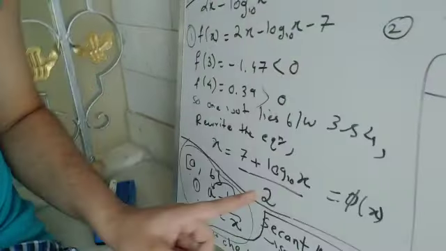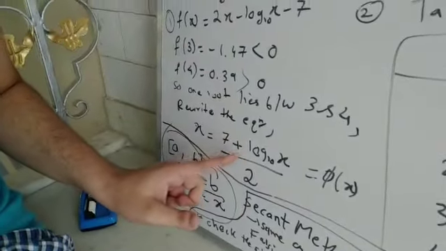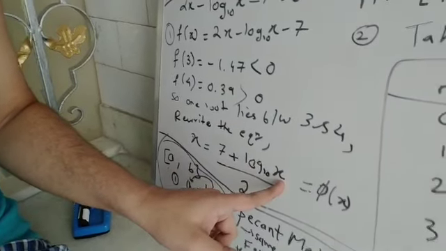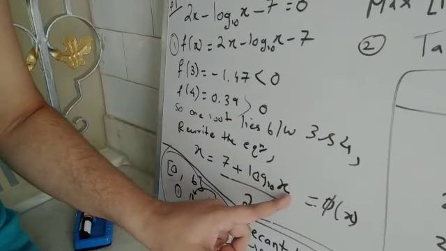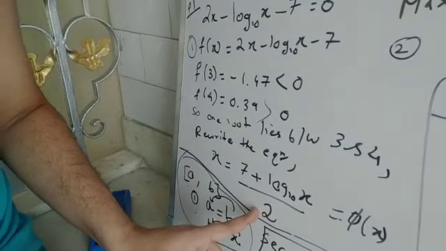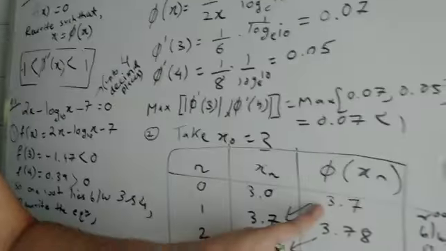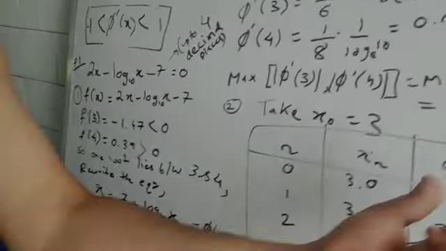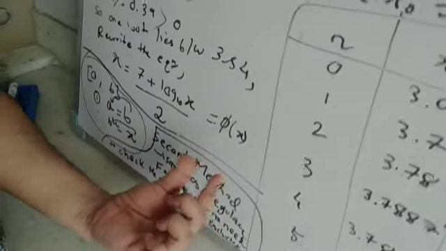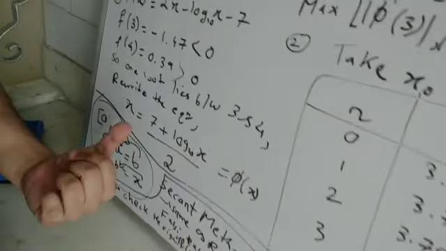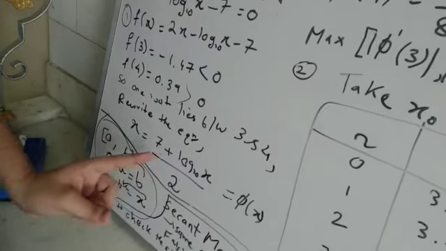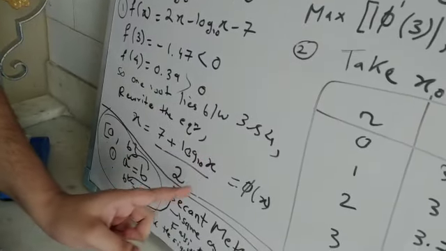So 7 plus log 10 3 by 2. If you solve this, you will get 3.7. Okay, this is your phi x, right? So phi is basically, for the first iteration, 7 plus log base 10 of 3 by 2, and you will get 3.7.